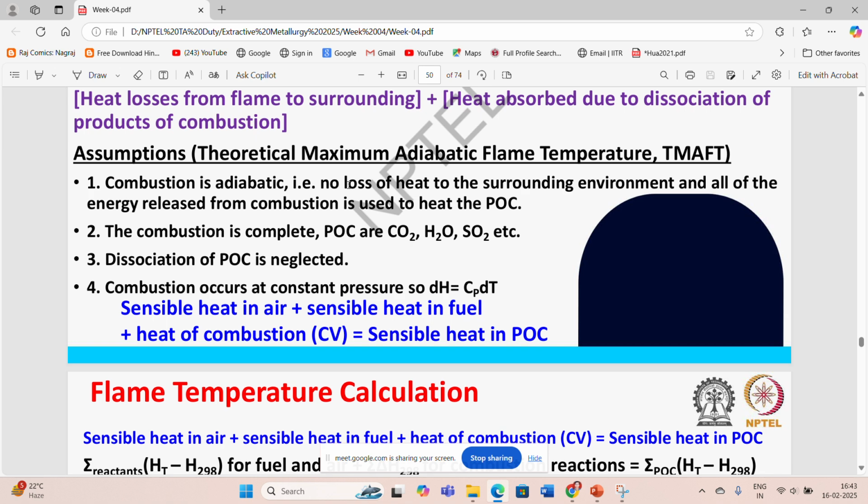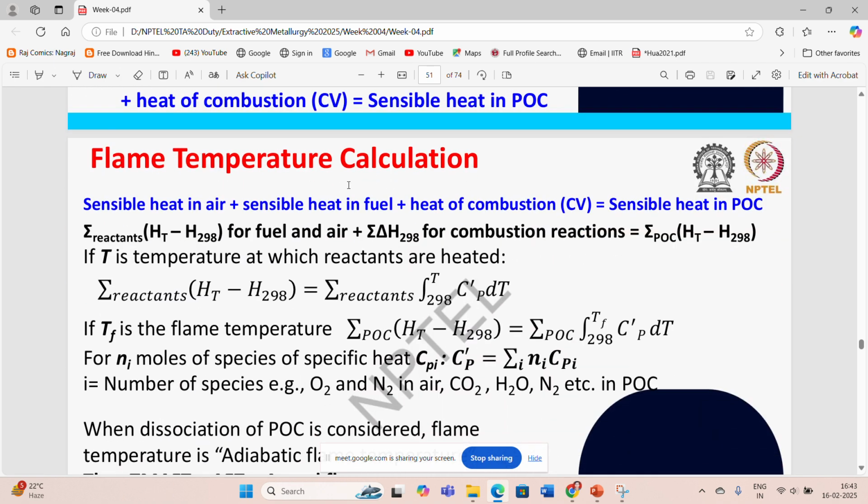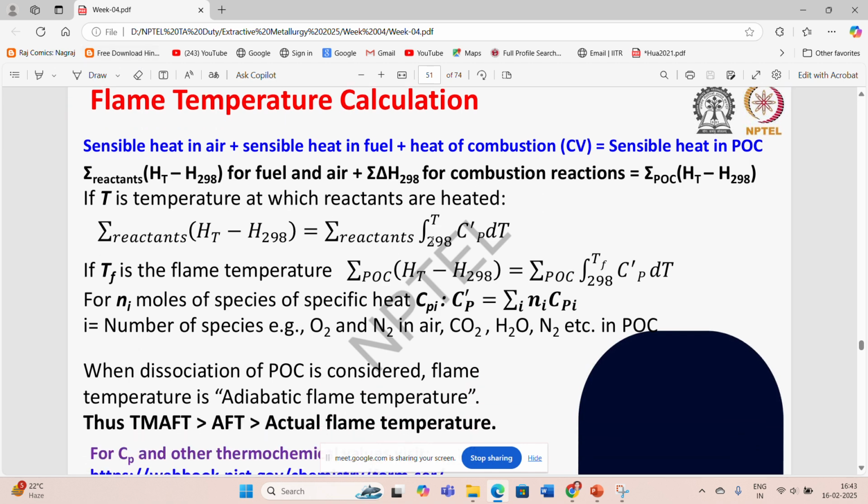So sensible heat in air plus sensible heat in fuel plus heat of combustion is going to be equal to sensible heat in products of combustion. So flame temperature calculations we can do according to this formulation.